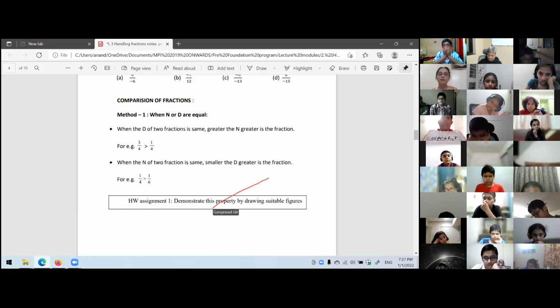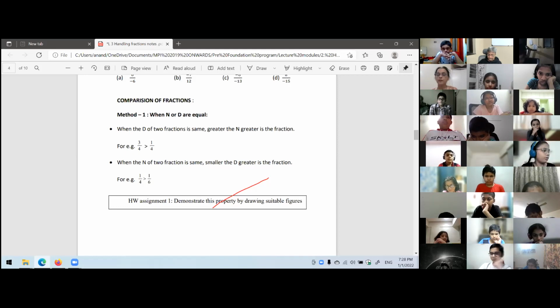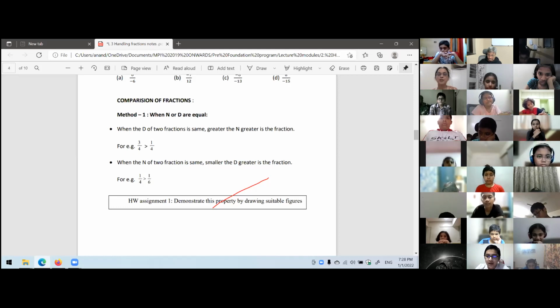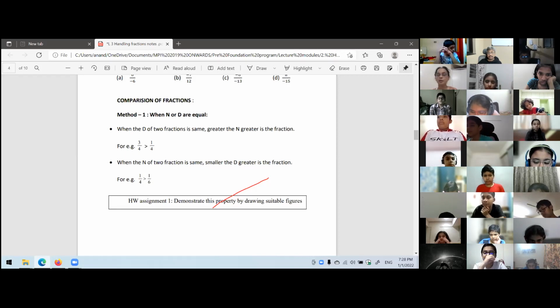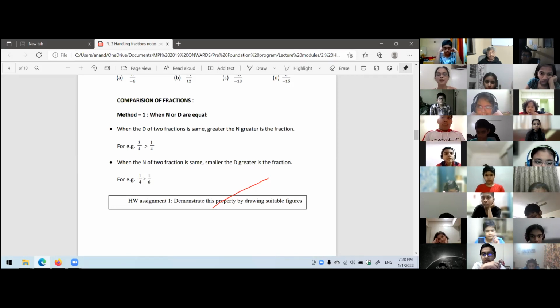First case is when the denominator of 2 fractions is same. When the denominator of 2 fractions is same, how will you find which fraction is smaller or which fraction is bigger? Simple. If the denominator is same, it means the same number of parts of the whole are made. One pizza is made in 4 parts. Then which will be bigger? 3 parts taken or 1 part taken?